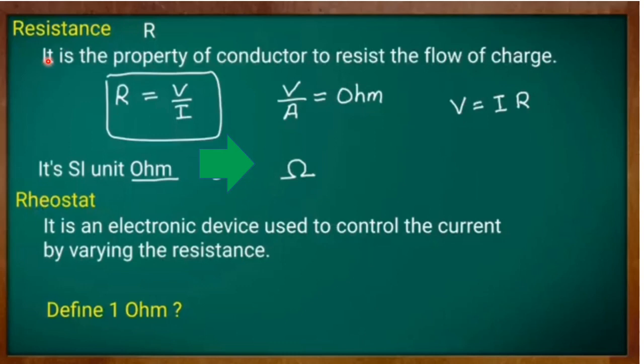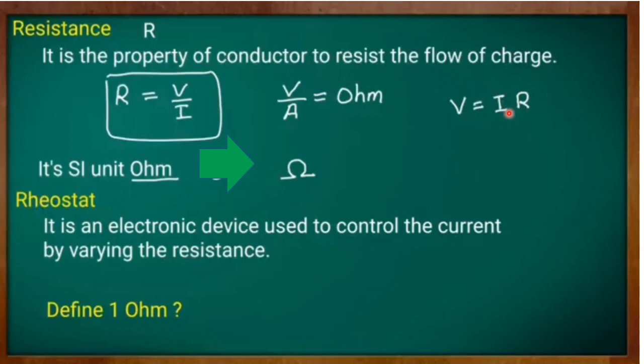Now, let us understand what resistance actually is. As I said in the earlier class, it is a property of a conductor to resist the flow of charge. Every conductor has the property of resistance to resist the flow of charge, that is, to resist the flow of current through it. Already we studied a relation, the Ohm's law statement.